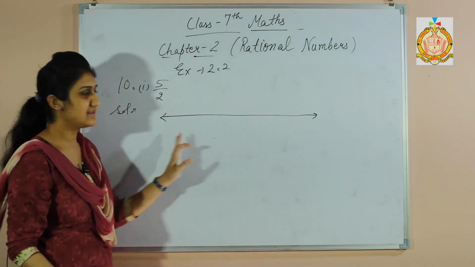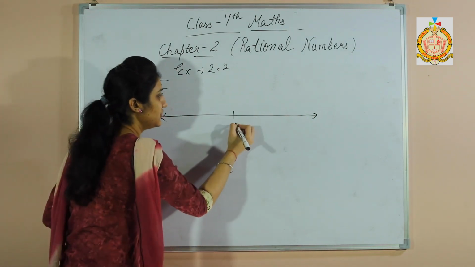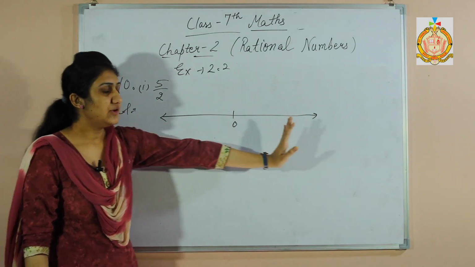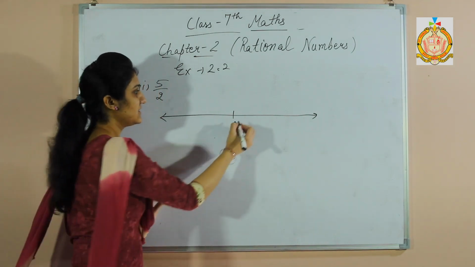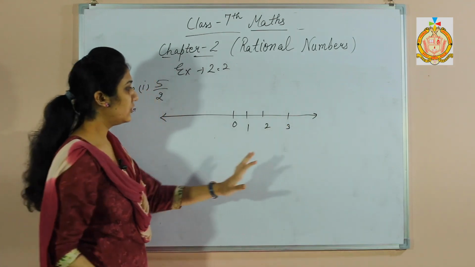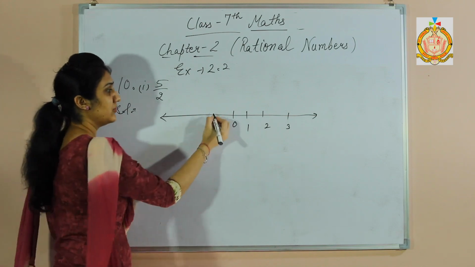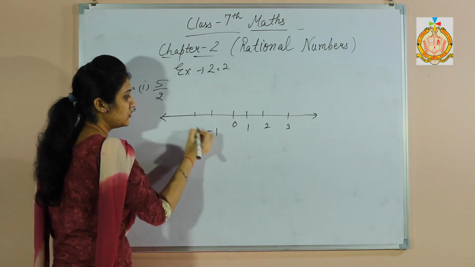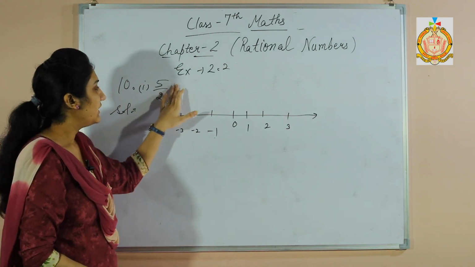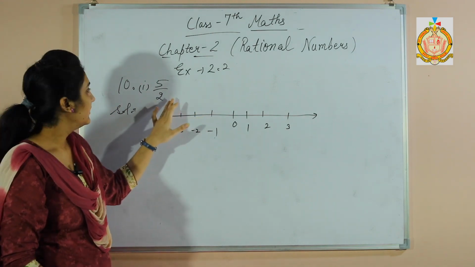A line with arrowheads, and here is 0. On the right side we write the positive numbers, that is 1, 2, 3 and so on, and on the left side we write the negative numbers, that is minus 1, minus 2, minus 3 and so on.